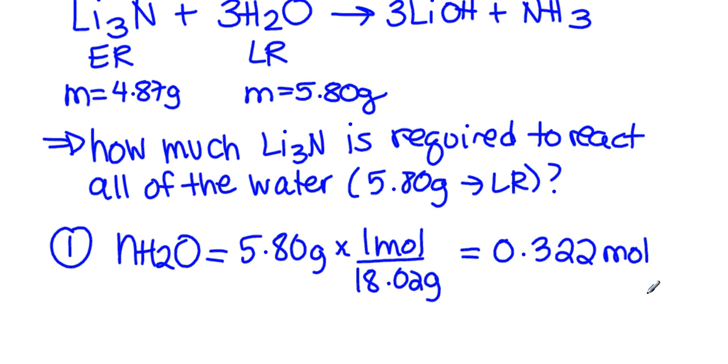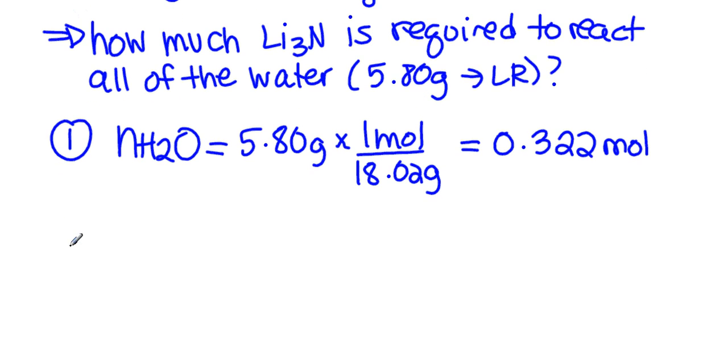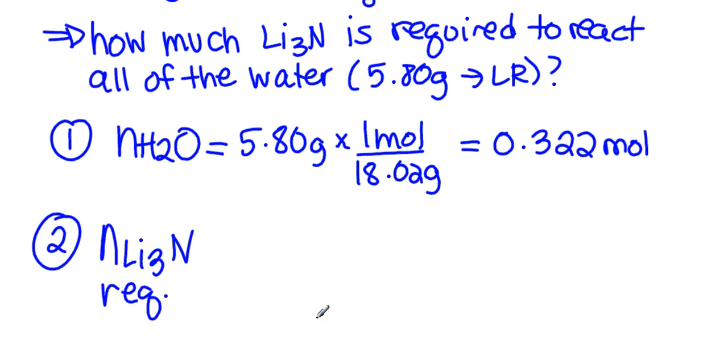But now we want to find out how many moles of lithium nitride would be required to react with this. So we're going to do a mole ratio between water and lithium nitride. So how many moles of lithium nitride are required to do the reaction?